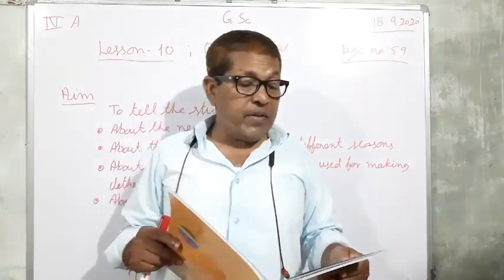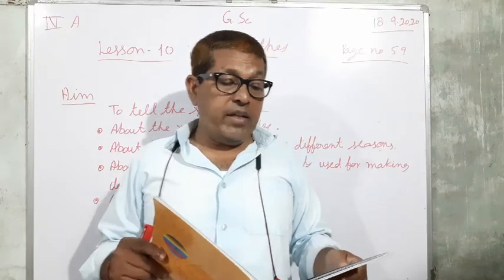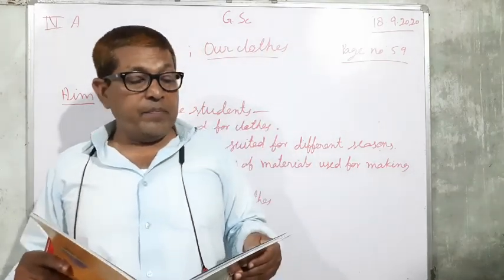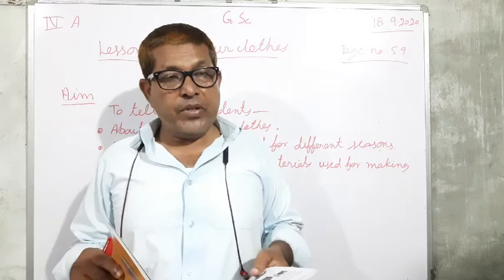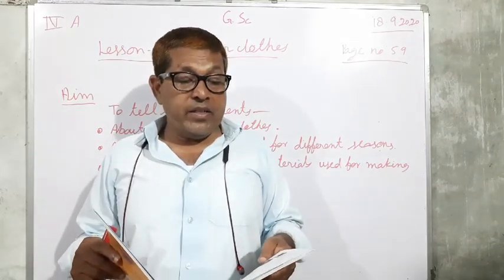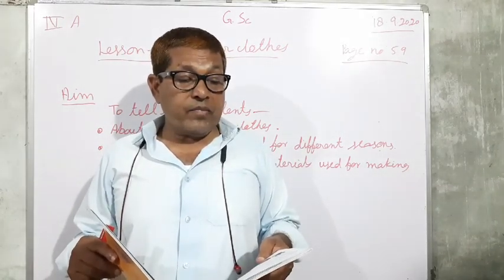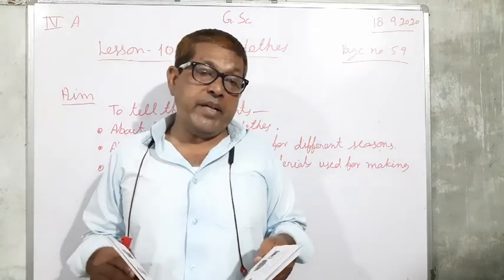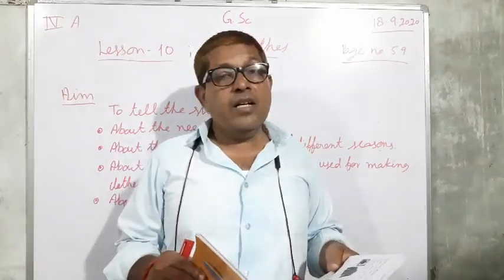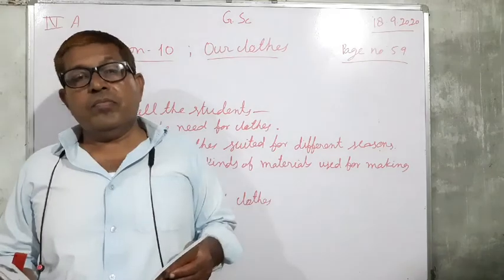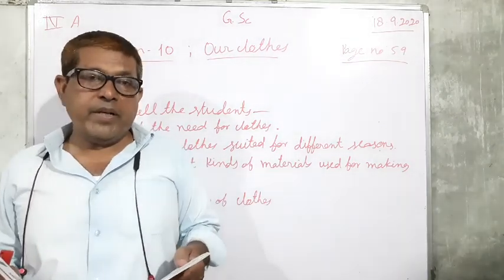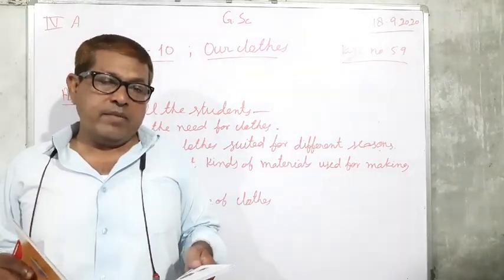Jute is obtained from the stem of the jute plant, and coir is obtained from the outer covering of the coconut. So different types of natural fibers are obtained from different parts of the plants.